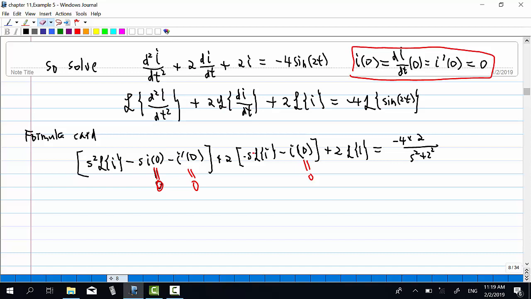Combining the Laplace transform together on the left hand side, you get s² times Laplace transform I plus 2s times Laplace transform I plus 2 times Laplace transform I equal to minus 8 over s² plus 4.